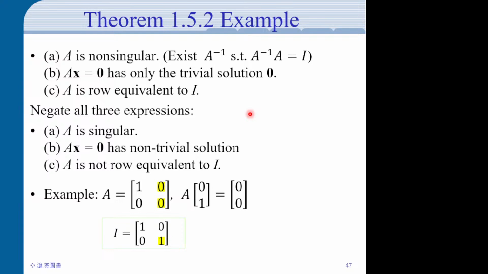And here we have an example of seeing this in another way. If A is singular, so A has no inverse, then Ax equal to 0 will have a non-trivial solution, if and only if A is not row equivalent to identity.